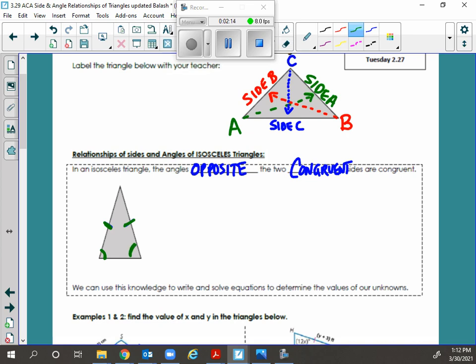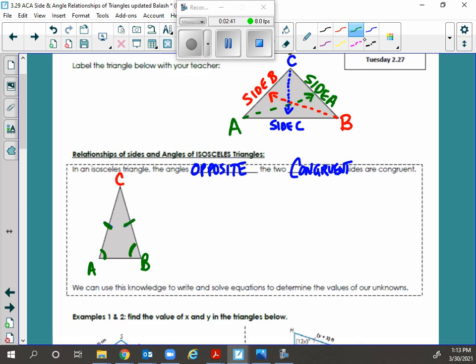But notice I left the same color because they are the same length for the sides and the same length of angles on the angles. So if I label my triangle like I did above, I would essentially want to label it like this, where A and B are the same color because they are the same value.